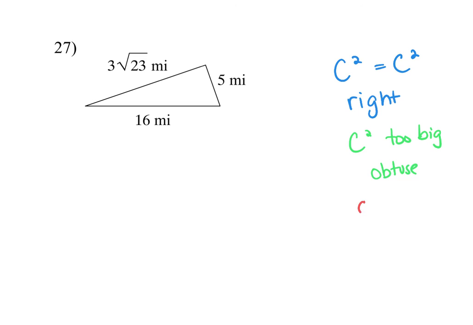And if your c squared is too small, smaller than what it should be, you have an acute, okay? So your a squared and b squared tell you what your c squared should be. If your c squared is larger than it should be, obtuse. Smaller than it should be, acute. And if it's the same number, that means you have a right triangle, okay?